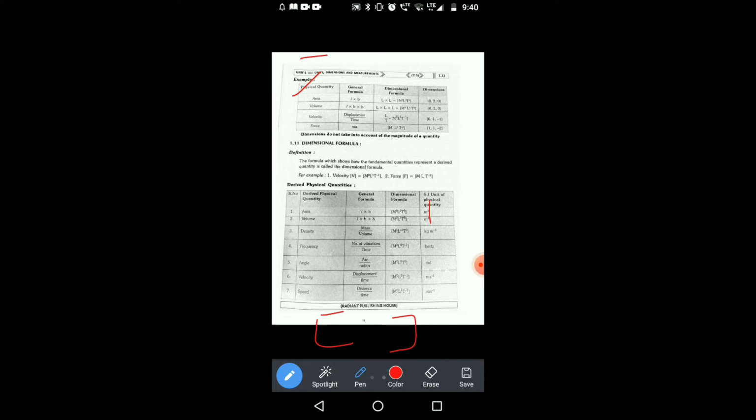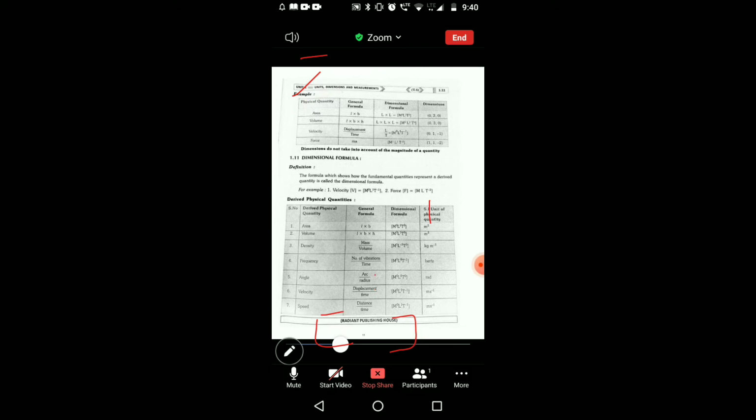Suppose I am going to write the dimensional formula of, okay, now see.